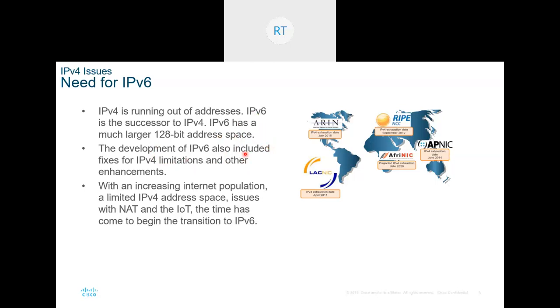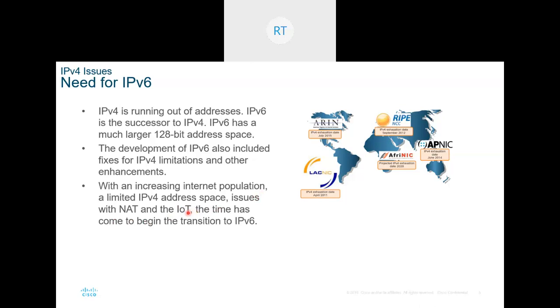Of course, it's a new protocol, so there are some enhancements to the protocol. And then, with an increasing internet population, the internet is growing, and we have a limited IP version 4 address space, we talked about that. Issues with NAT. You remember I talked about NAT, where private addresses are translated to public addresses.